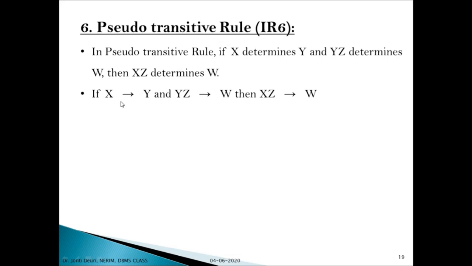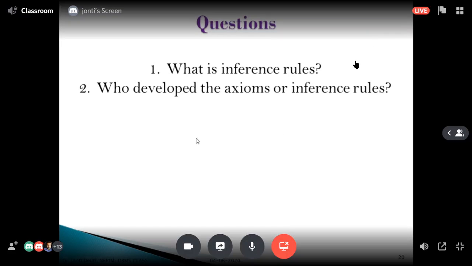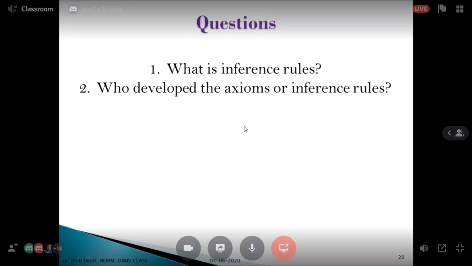Okay, so that means X determines Y and YZ determines W, then XZ can also determine W. Because with Y, Z is added, that is determining W. So with X also, if we add the Z, then that can also determine W. Understood? Okay.